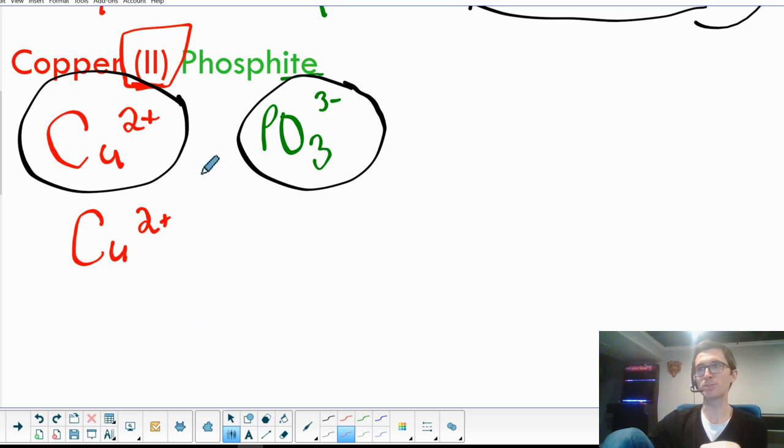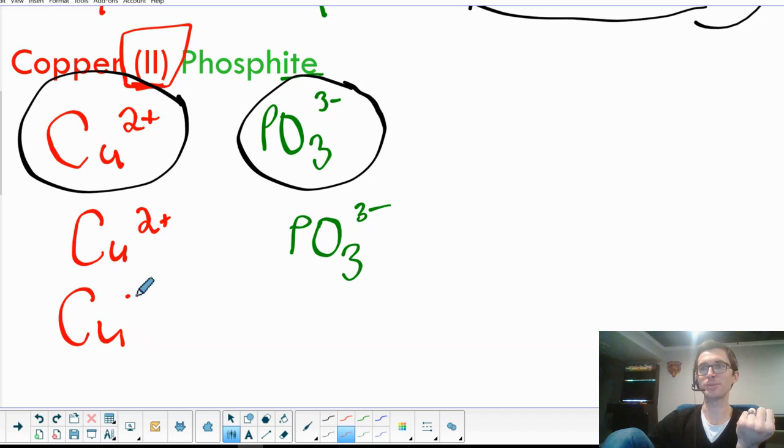So copper 2 plus, we have 4 positives now and 3 minuses. This is not going to work. So add another one. Again, you're going to keep on adding until the charges balance out. 6 minuses, 4 pluses. Doesn't work. Let's finish it off and you'll see what's going on here.